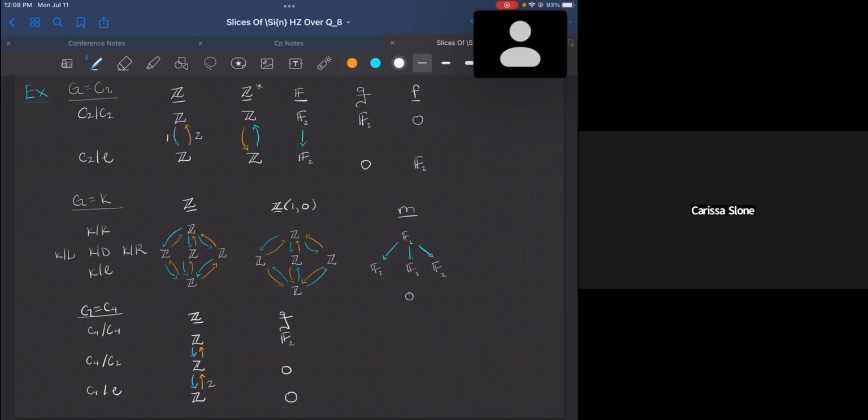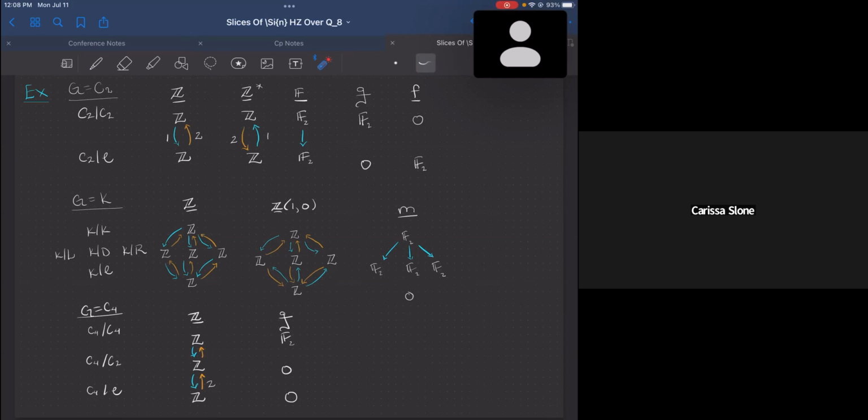One thing we like to do in topology is dualize objects. So of course we have the dual to the constant Mackey functor Z. So Z-dual has, again, a Z at the top, a Z at the bottom. The Weyl group actions are trivial. And how we dualize is that we swap the restrictions and transfers. So now our restriction is 2 and our transfer is 1.